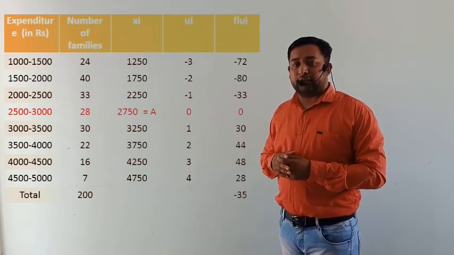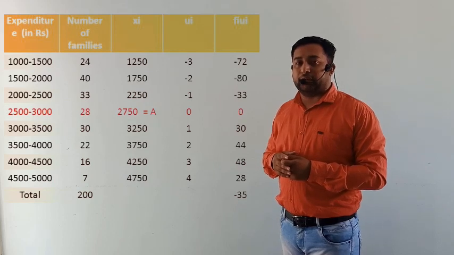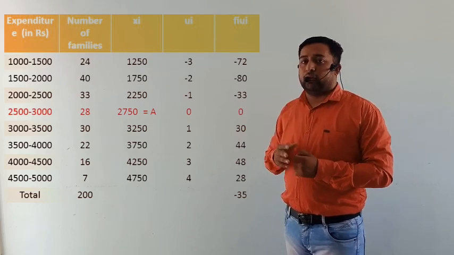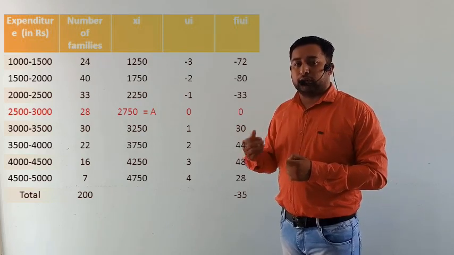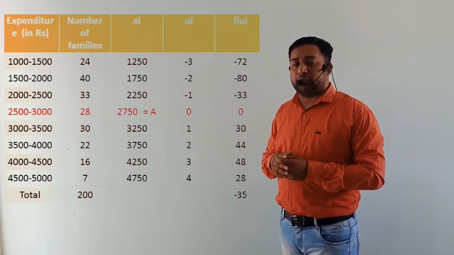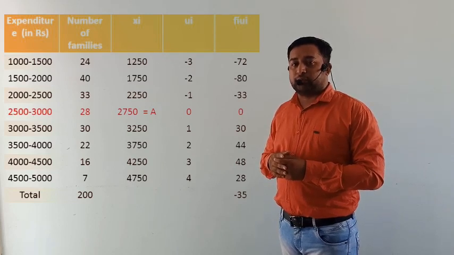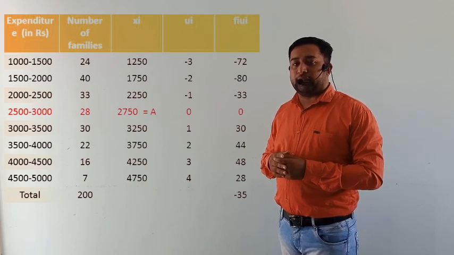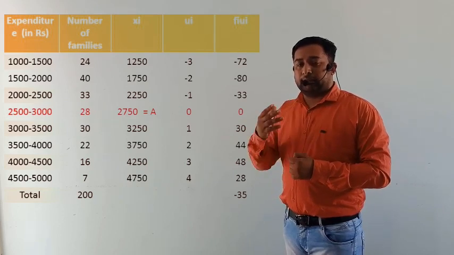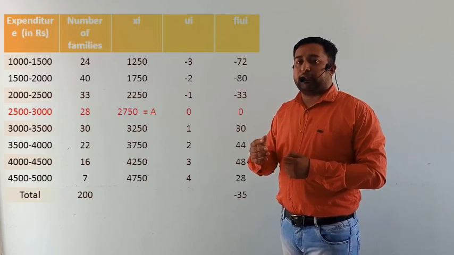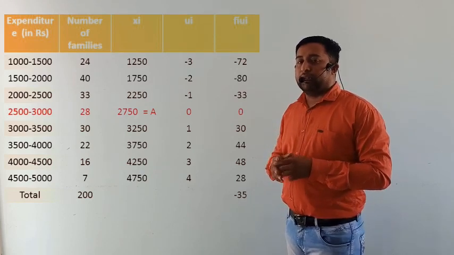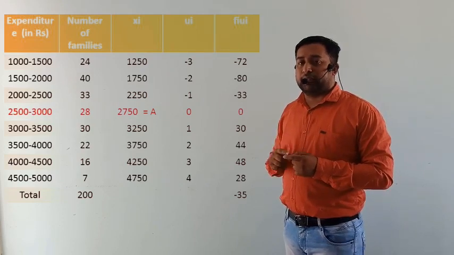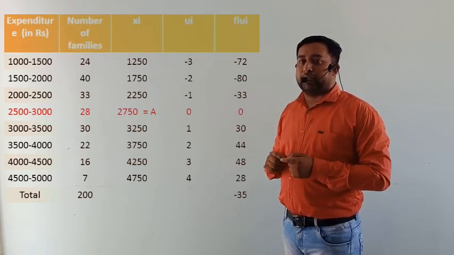For the negative terms, 72 plus 80 is 152, plus 33 is 185, and all have a negative symbol. For the positive terms, 30 plus 44 is 74, plus 48 is 122, plus 28 is 150. So minus 185 plus 150. 185 is the bigger one, so subtraction will give you 35, but since 185 was bigger, it has a negative symbol.